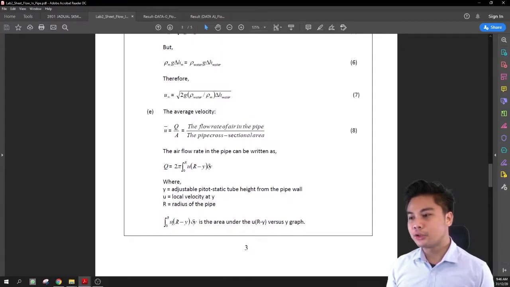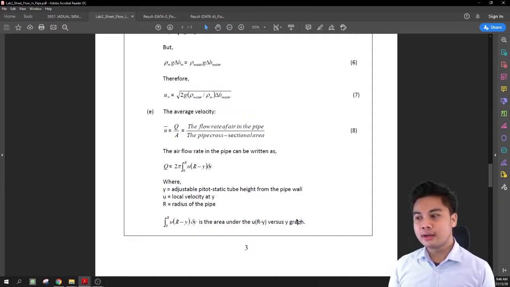Based on this part, you can see the integration of U multiplied with R minus y, dy, is the area under the U(R-y) versus y graph. You need to plot the graph, then calculate the area under the graph to get this value.